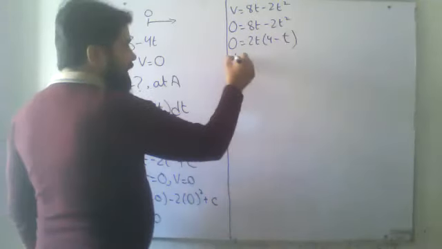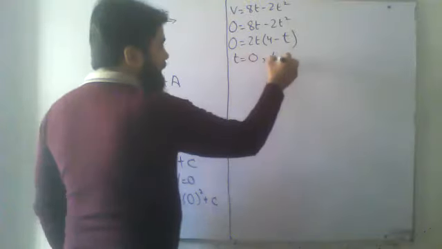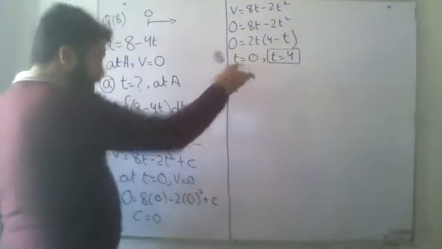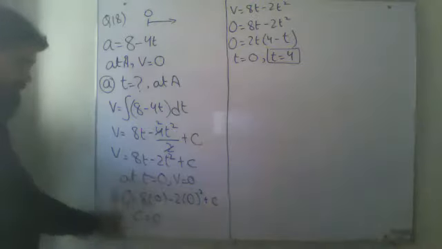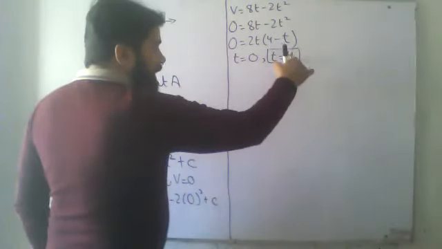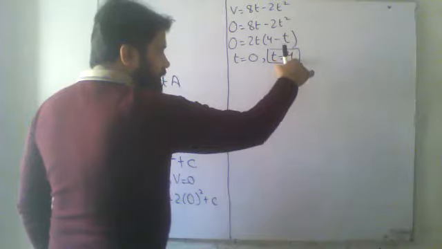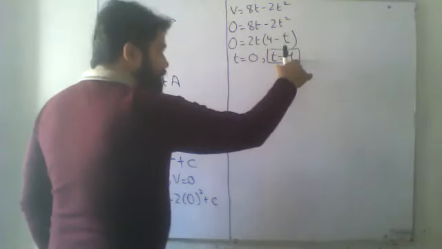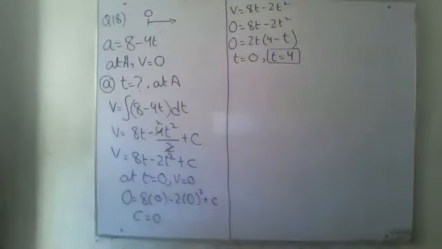When I simplify it, t equals to 0 and t equals to 4. These are my two answers. t equals to 0 was the starting point which I used to get the value of c. So the second time where my velocity was 0 is t equals to 4, and at t equals to 4 the body was at A, right?